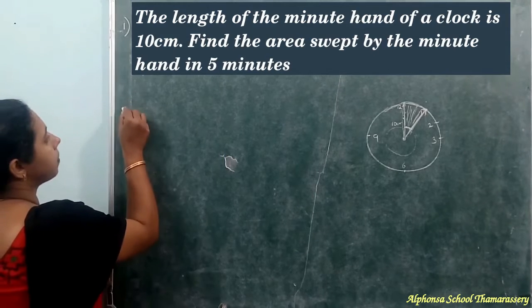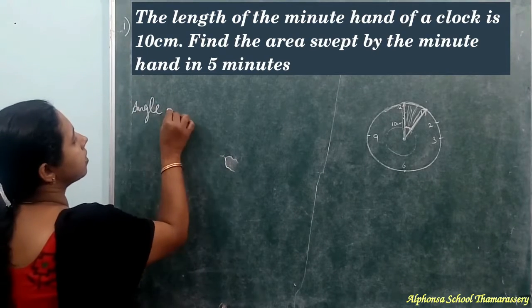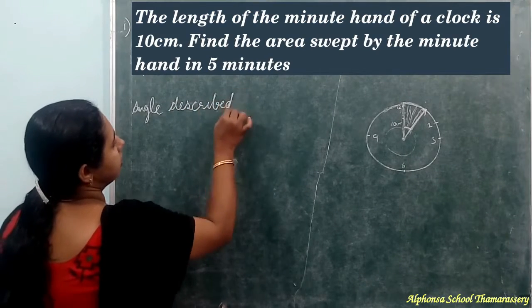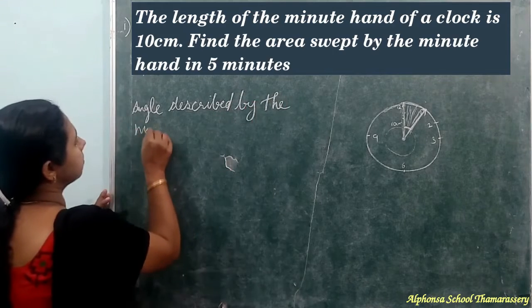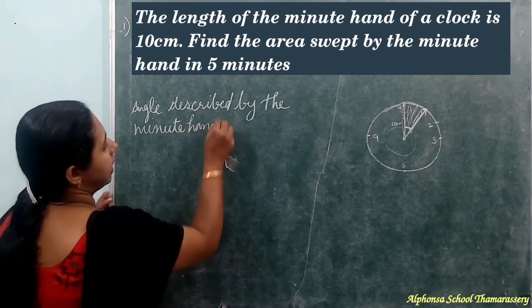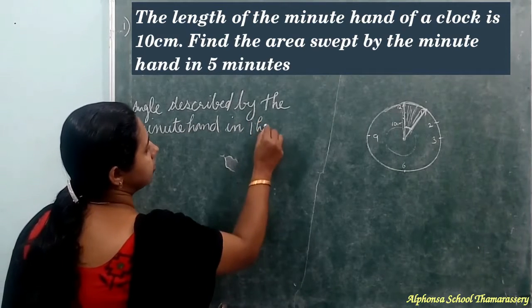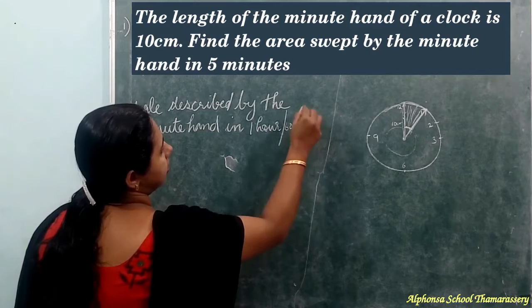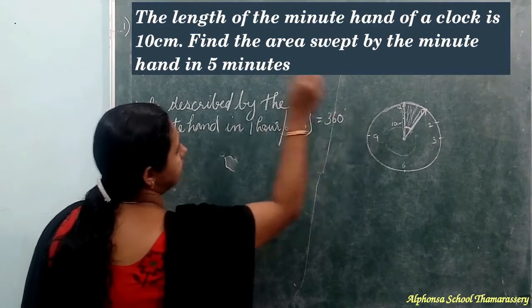The angle described by the minute hand in 1 hour or 60 minutes is equal to 360 degree.